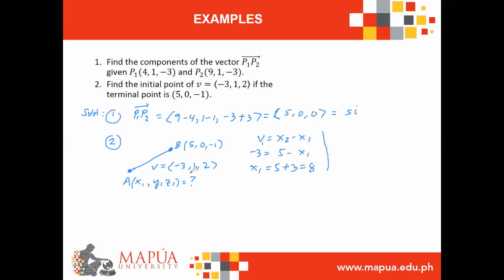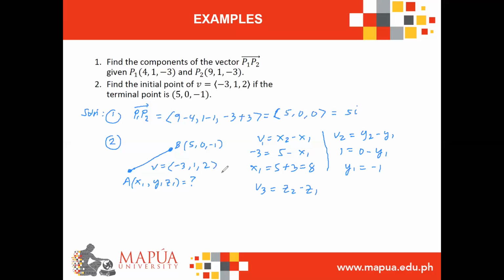When we are to find y1, you can use the formula v2 equals y2 minus y1. So v2 is equal to 1, y2 is equal to 0, minus y1. So therefore, y1 equals negative 1. Then to find z1, the third component, we use the formula v3 equals z2 minus z1.